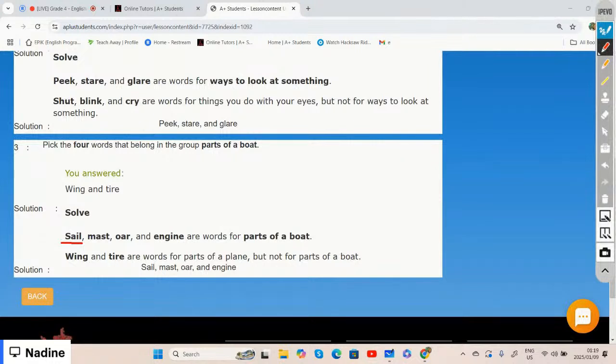It is mast, oar that is used to row the boat, and the engine of the boat. These are all parts of a boat, and that falls under the group of parts of a boat.